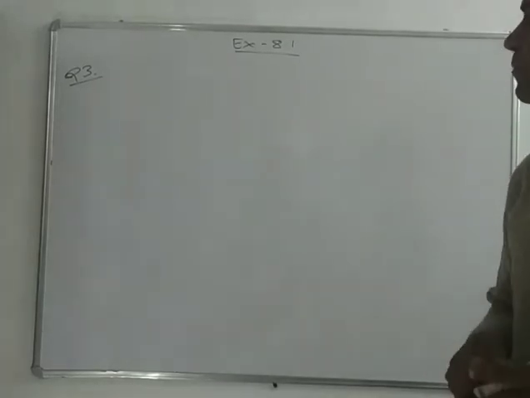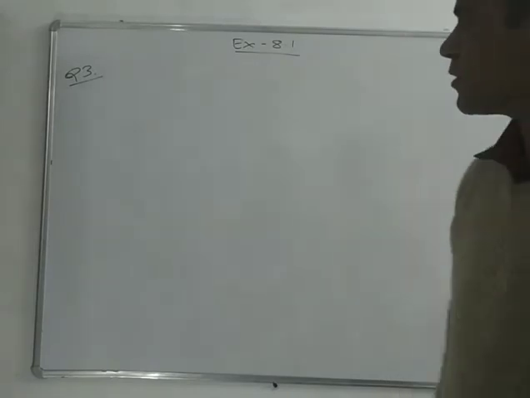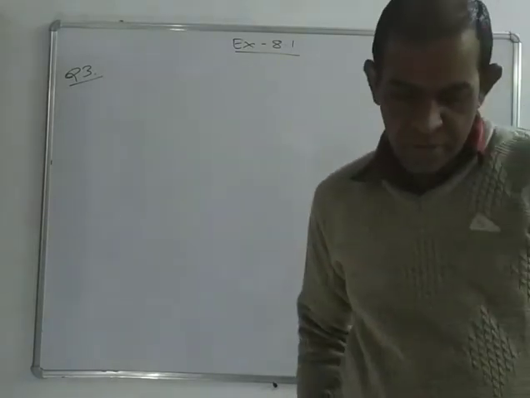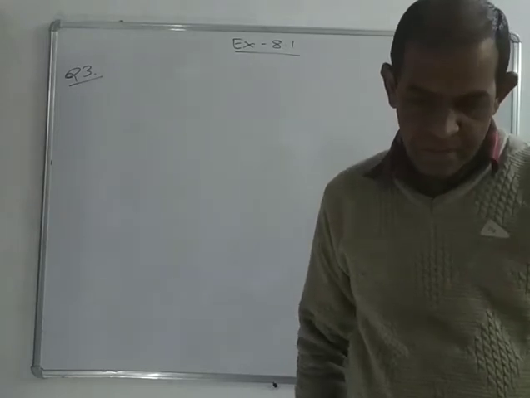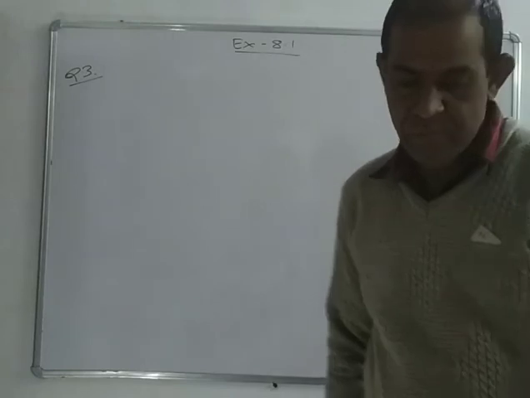Dear student, in exercise 8.1, question number 3 is: show that if the diagonals of a quadrilateral bisect each other at right angle, then it is a rhombus.